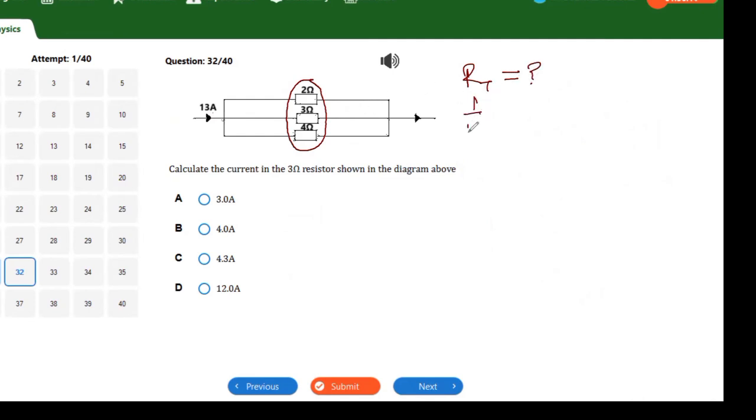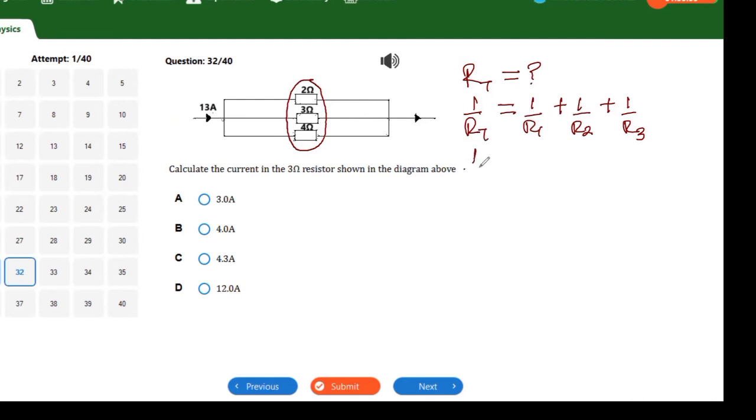That will be 1 over R total equal to 1 over R1 plus 1 over R2 plus 1 over R3. This is what you need to remember, the formula for when they are in parallel. When they are in series, you just add them together.